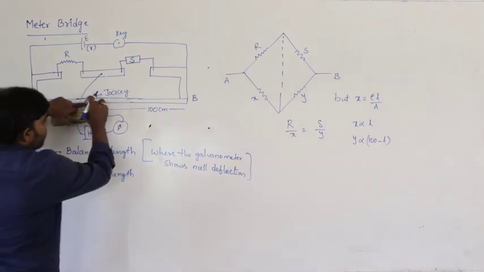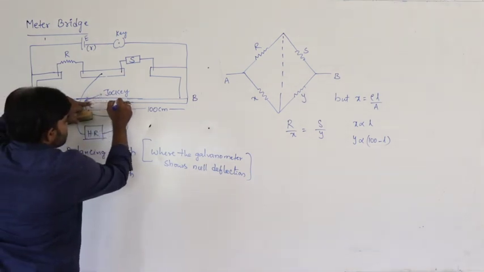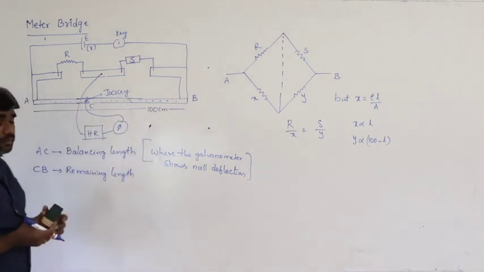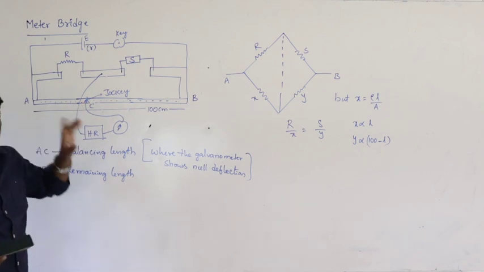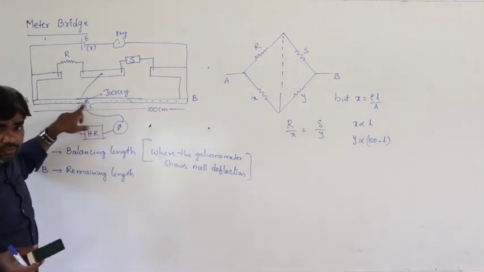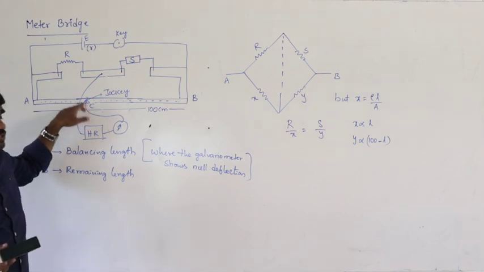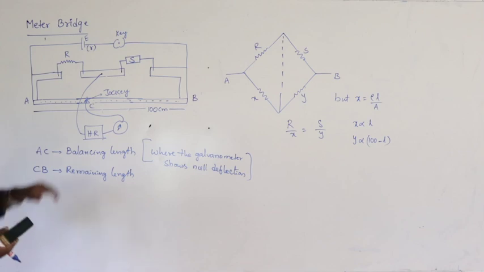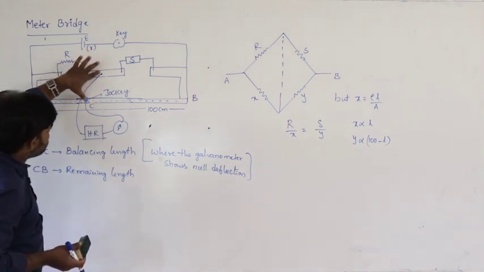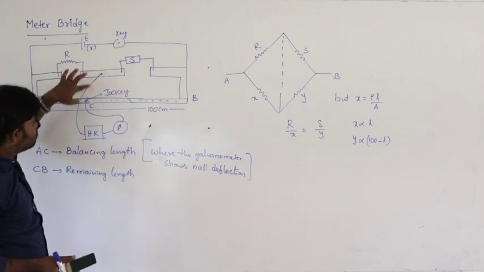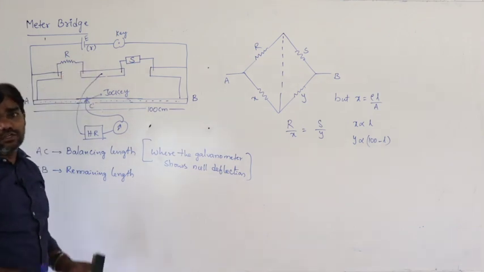If we move the jockey again, it shows deflection, but only at this position the galvanometer shows null deflection. So this point is called the balancing condition. That means between these 2 points the potential difference is 0.